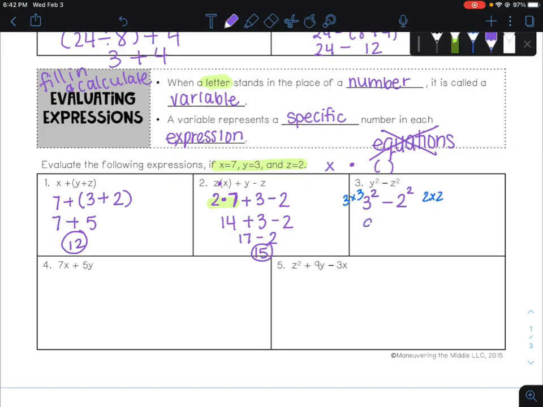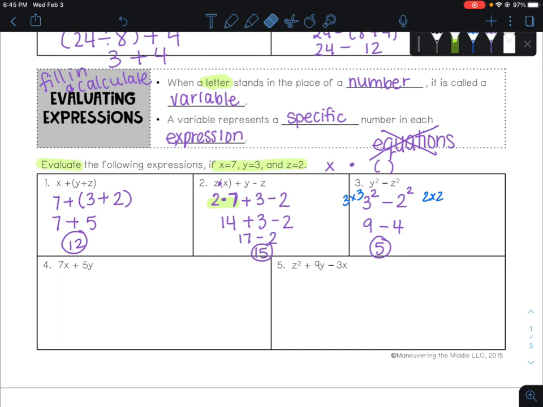So we're going to get 9 minus 4, which is 5. Okay, so evaluate means to fill in and then calculate the answer through order of operations like we did in lesson 2.